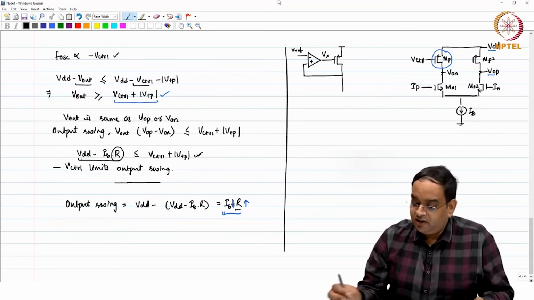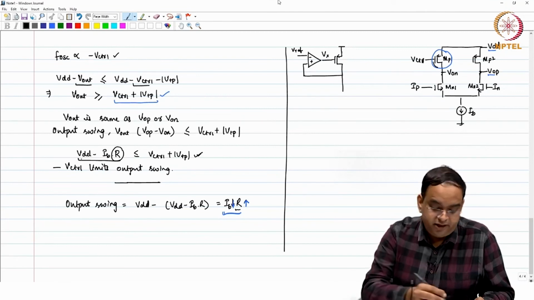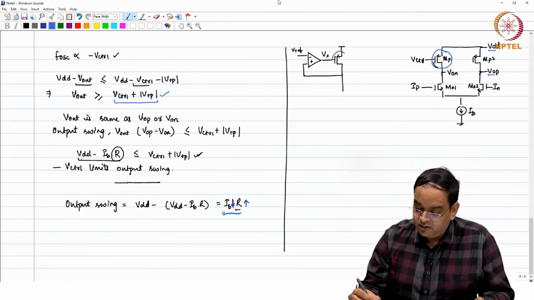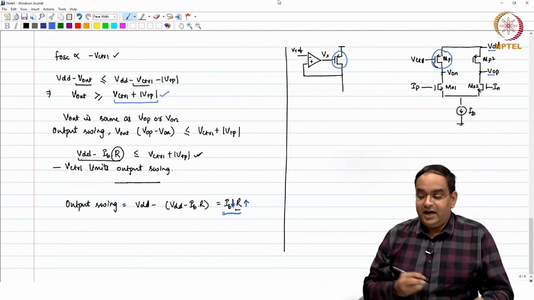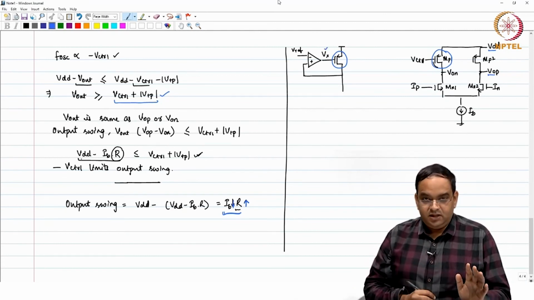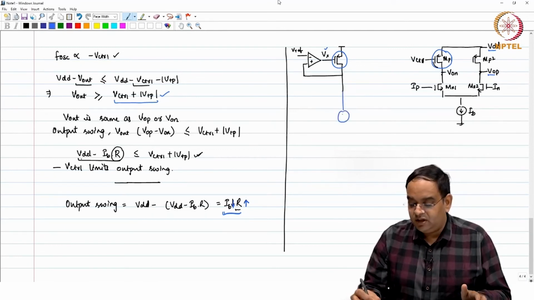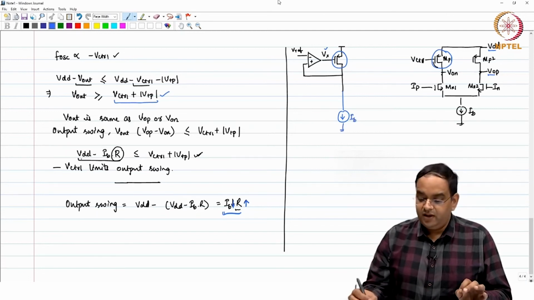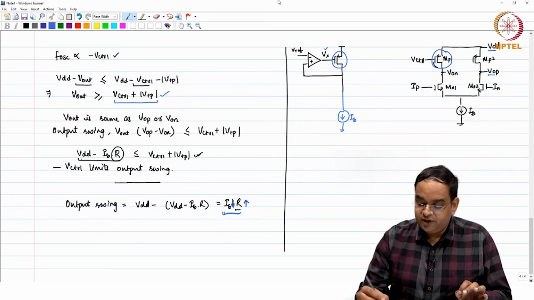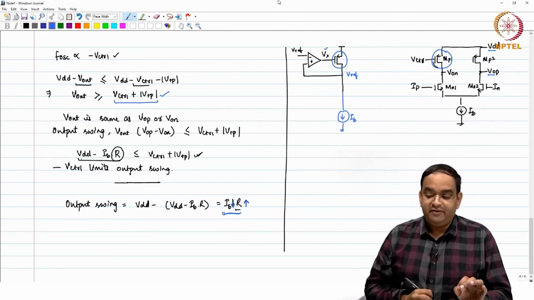So, think about it, you just took a copy of this PMOS transistor here, and you generated the gate voltage in such a way that, just as an example, if I have IB current here, then because this PMOS is in feedback, this voltage will always be equal to Vref.